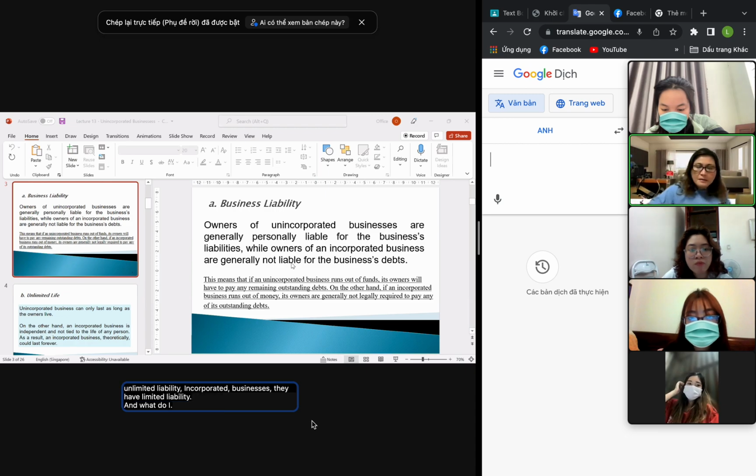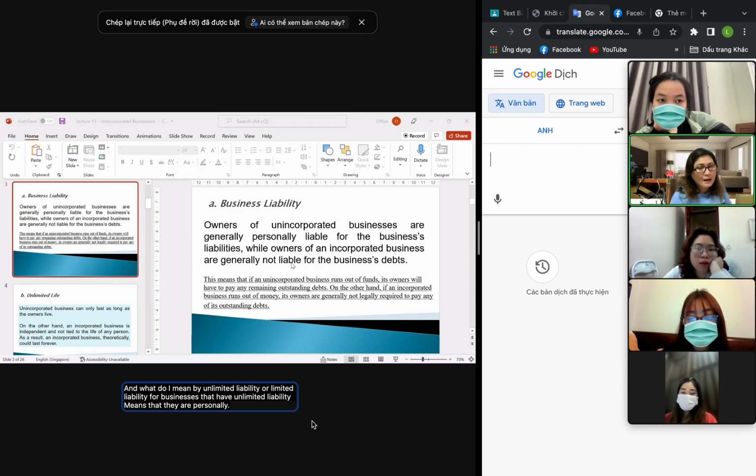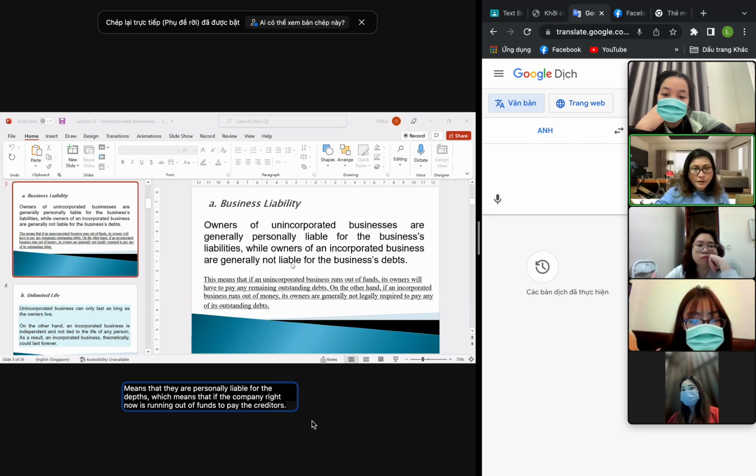Unlimited liability means they are personally liable for the debts. If the company runs out of funds to pay the creditors, they personally have to pay. They even have to sell the house, the car, the furniture, everything to pay the debts.